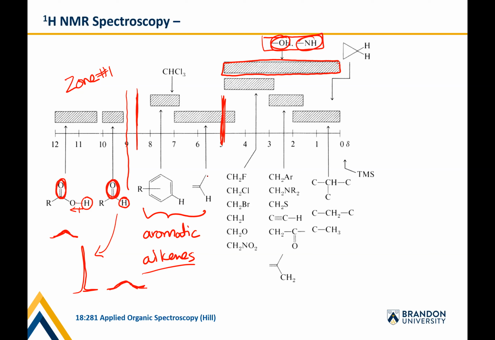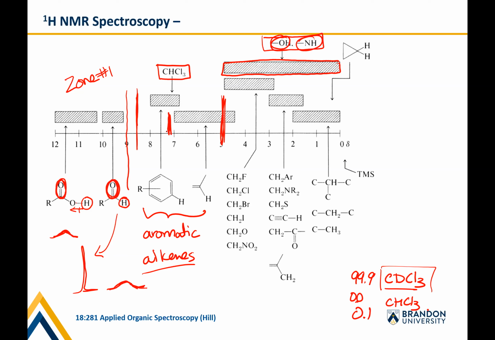Another proton that is de-shielded around 7 is chloroform. When you run your NMR spectra in deuterated chloroform, CDCl3, the bottle usually is something like 99.9% deuterated chloroform. The other 0.1% is chloroform, so there's a tiny bit of chloroform in there, and this signal comes in at around 7.2.